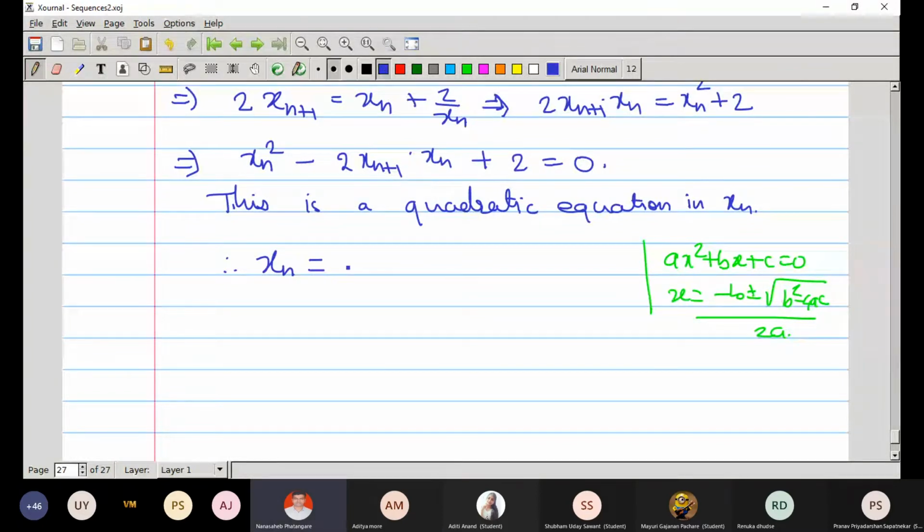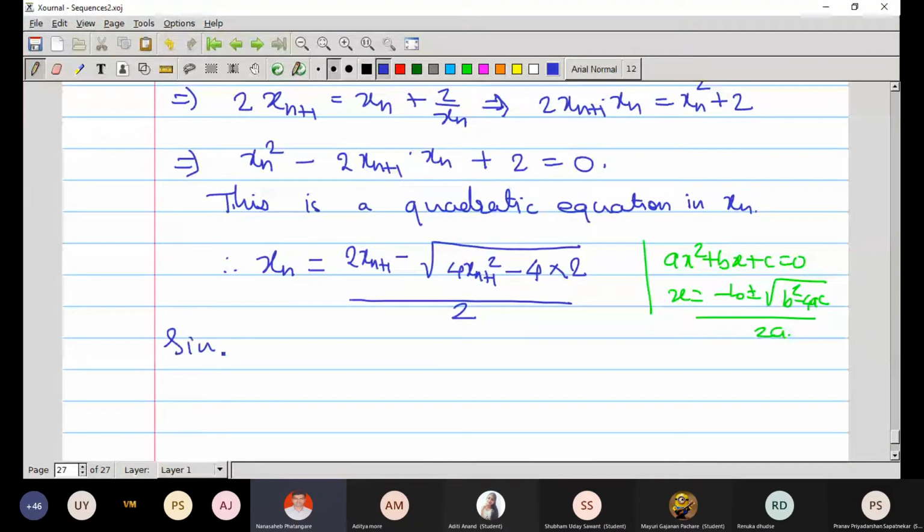So what is here? 2 times xn plus 1 minus square root of 4 times xn plus 1 square minus 4 into 2. Am I right? Yes, sir. Divided by 2.